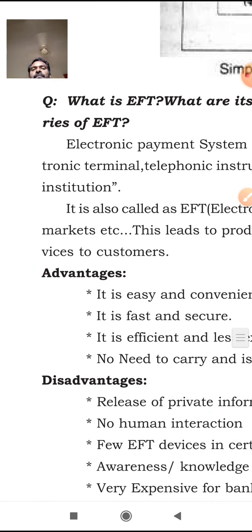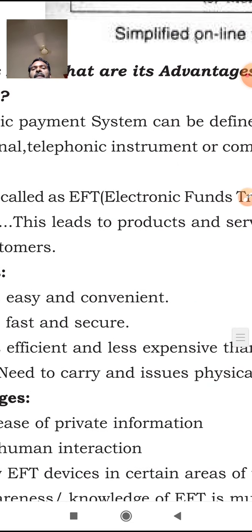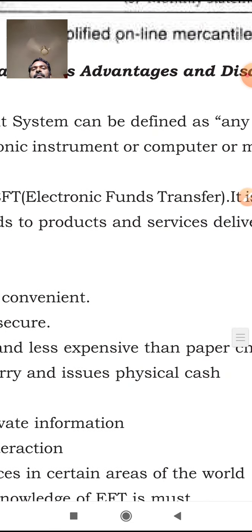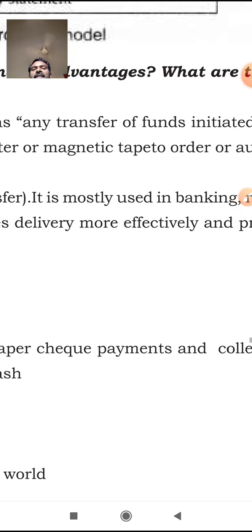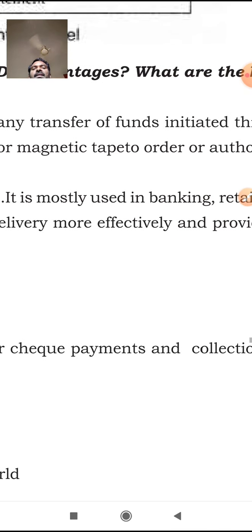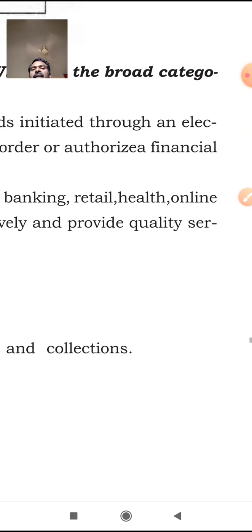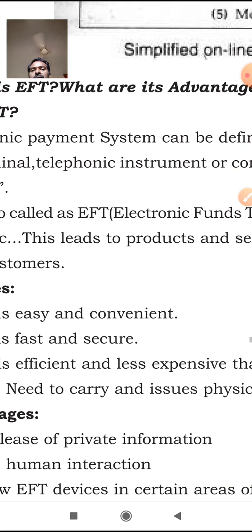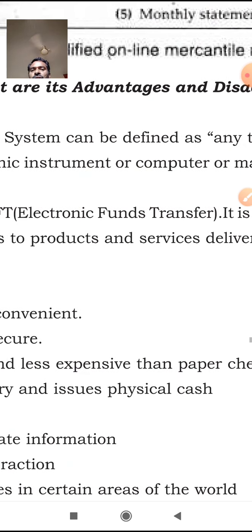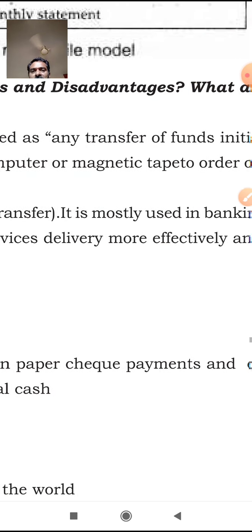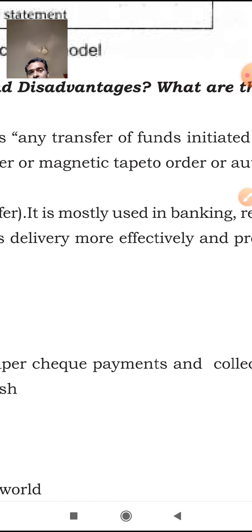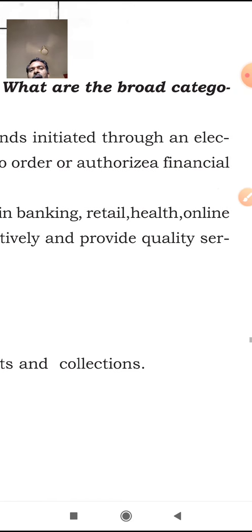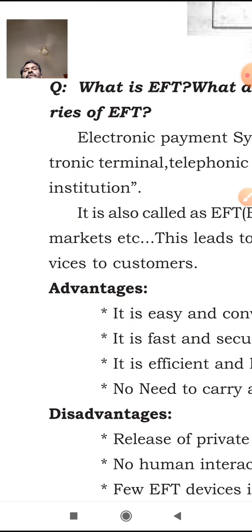Now I will explain. The electronic payment system, called EFT, can be defined as any transfer of funds initiated through an electronic terminal, telephonic instruments, or computer or magnetic tape, or authorized financial institutions.